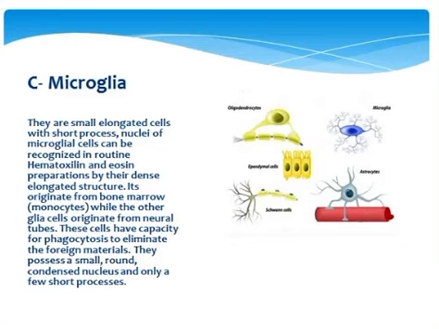They originate from bone marrow monocytes, while the other glial cells originate from the neural tube. These cells have the capacity for phagocytosis to eliminate foreign materials. They possess a small, round, constant nucleus and only a few short processes.